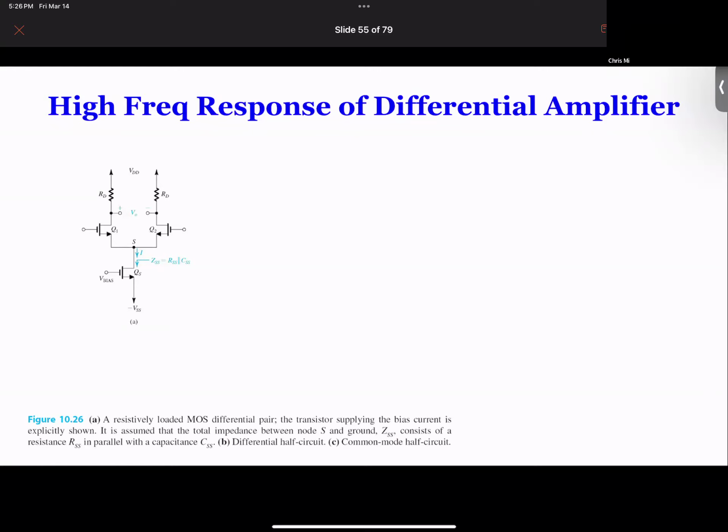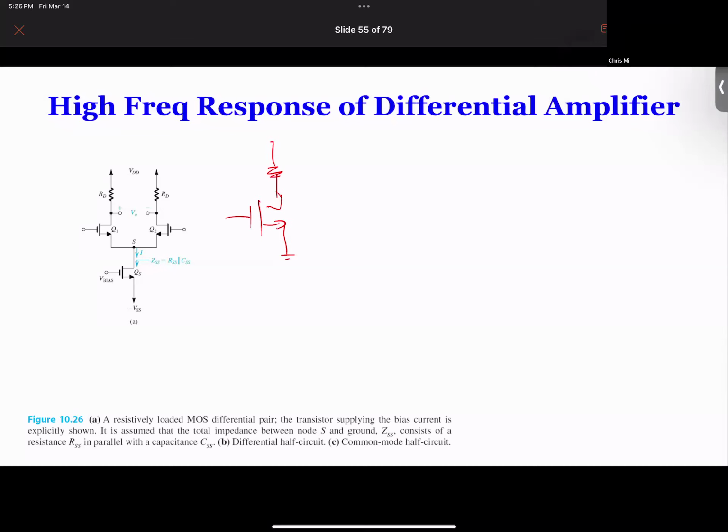So what we are going to do is, for small signal, for example, we take half of the circuit. If we take the half circuit, we have this. And this will be a virtual ground.